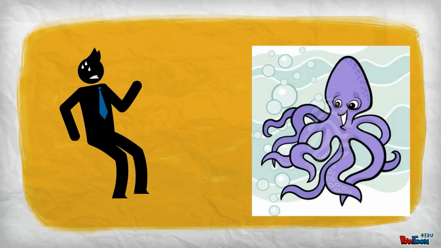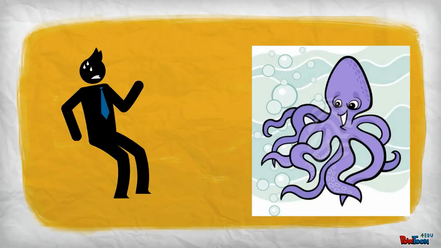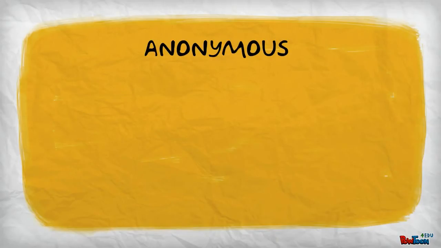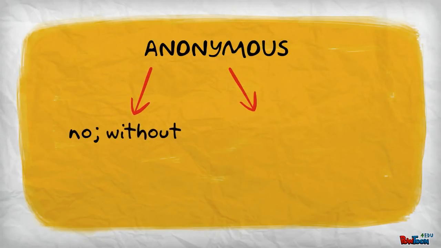And of course an octopus is a creature with 8, octo, legs, pus. Next up, maybe I should remain anonymous. Not really, but what do you think that word means? Literally, an means not or without. Onym means name or word. So anonymous means without name.